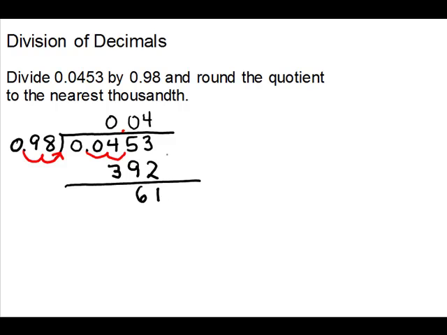And we're going to have to add a 0 to bring down. Now we divide again. 98 into 610. And we'll say 6 times. Multiply back. 6 times 98 gives us 588. And we're to the subtract step.